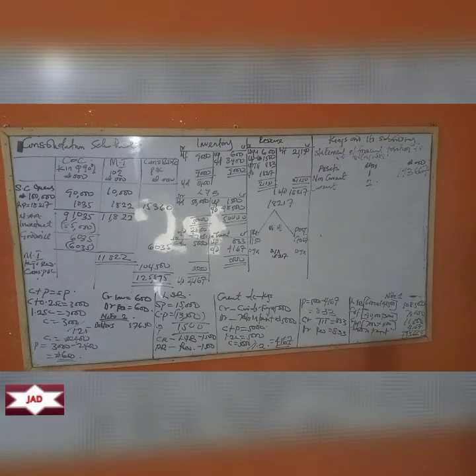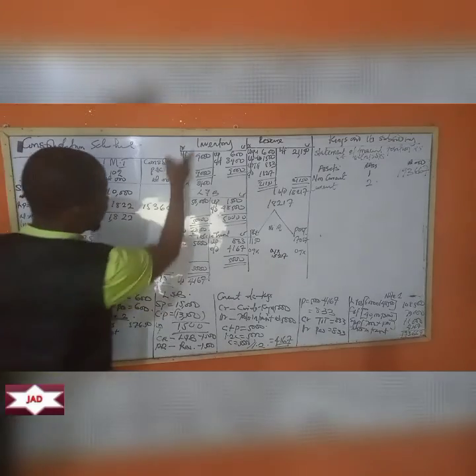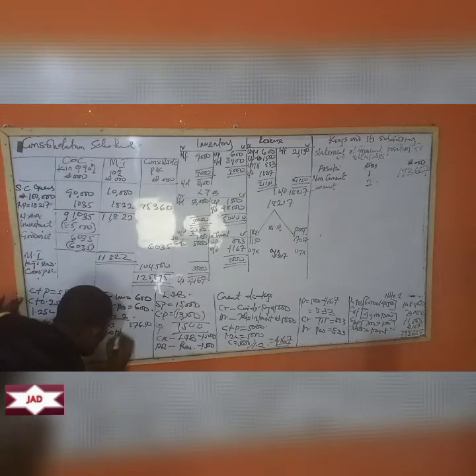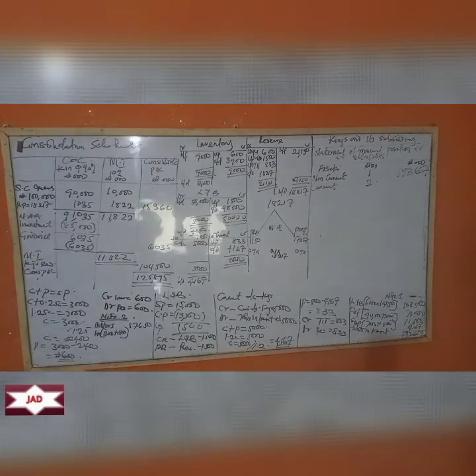Inventory. That's 13,000 plus what's the new inventory here? 84. So 13,000 plus 84 is 21,400.